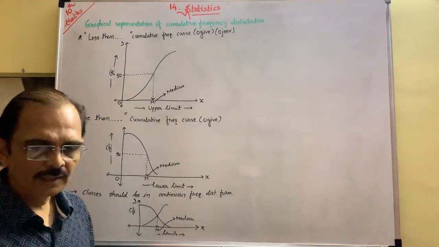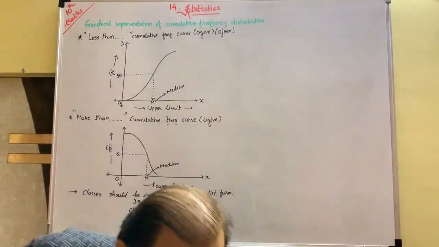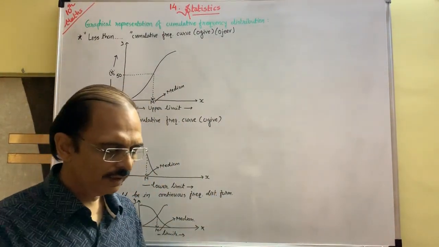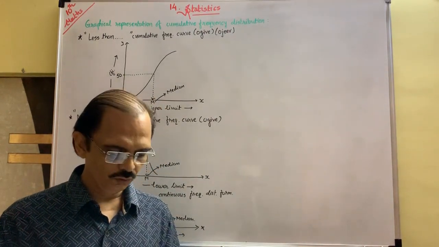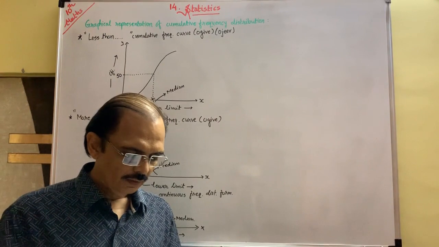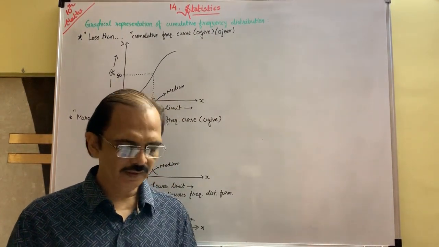Now we start exercise 14.4, graph of this cumulative frequency curve. See page number 293, exercise 14.4, question number 1. The following distribution gives the daily income of 50 workers of a factory.